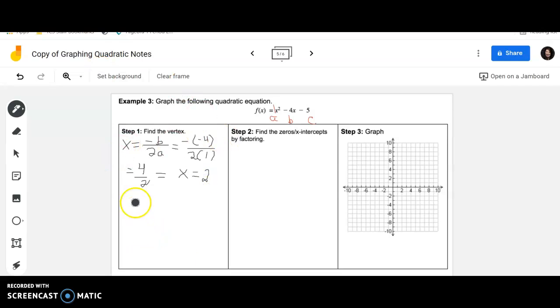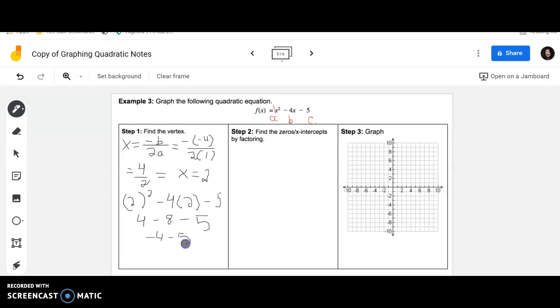Then if we plug that in, we're going to have 2 for our x, and we'll have to square that, and then negative 4 times 2, and then a negative 5. So 2 squared is going to be 4. Negative 4 times 2 is going to be negative 8, and negative 5. So 4 minus 8, that's going to be negative 4. And then negative 4 minus 5 is going to be negative 9.